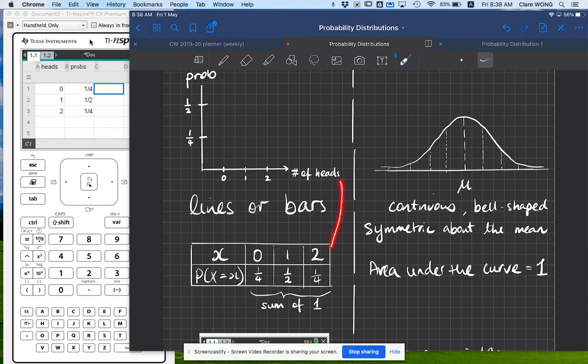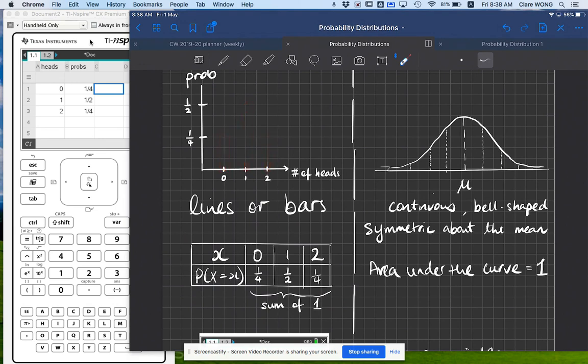Now we can go back to the bar graph or the line graph. Now that we know, we can represent a bar of a quarter for 0, and then up to half for 1 head, and here for 2 heads.